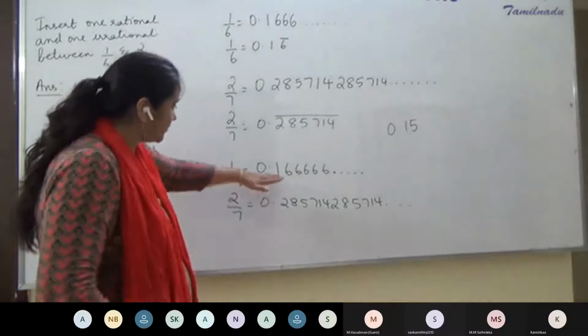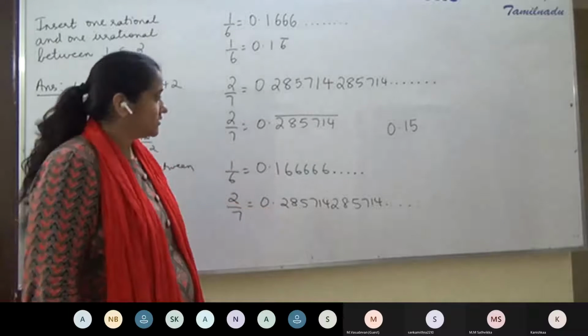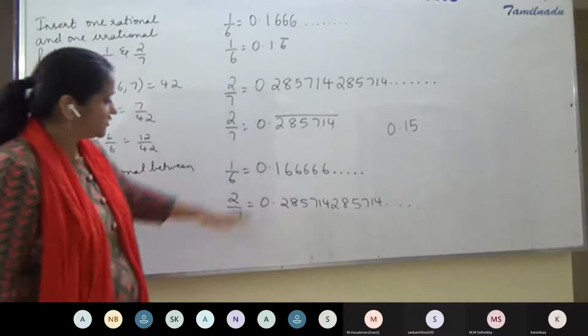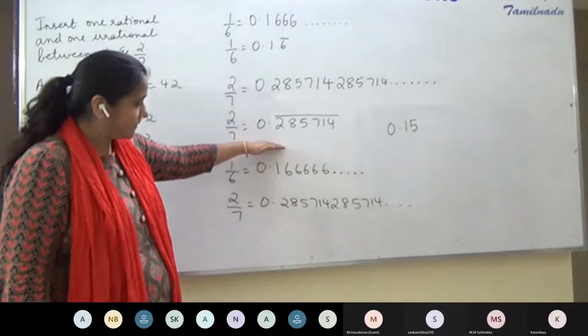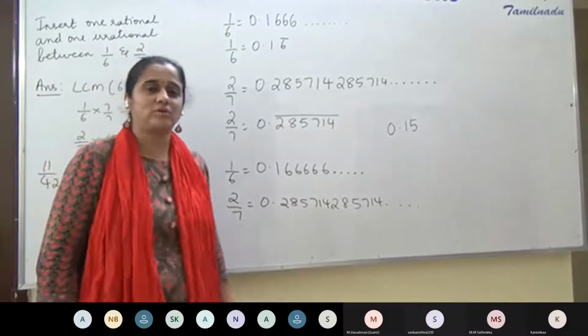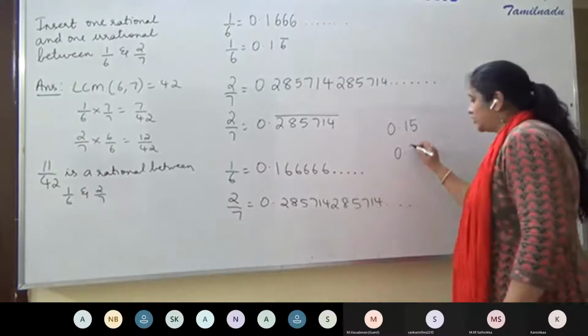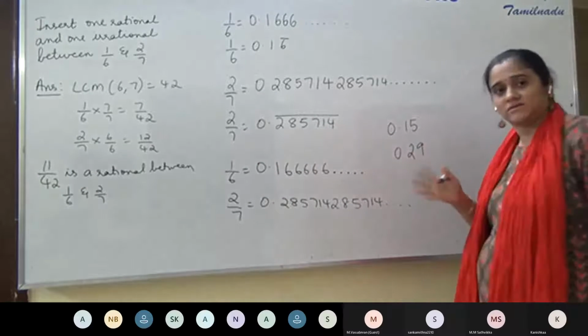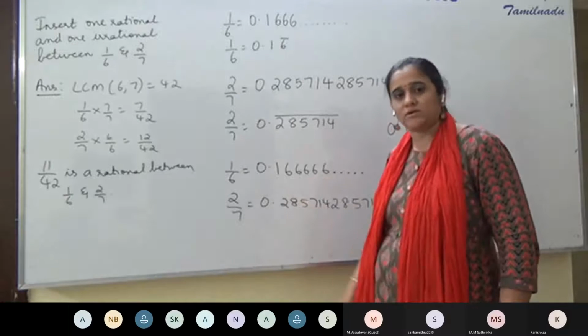No, I cannot, because this is 0.16, this is 0.28. So 0.16 is like here. I'm just giving you time to understand. Nor can I start with 0.29, because this is 0.28. So 29 will be beyond that.